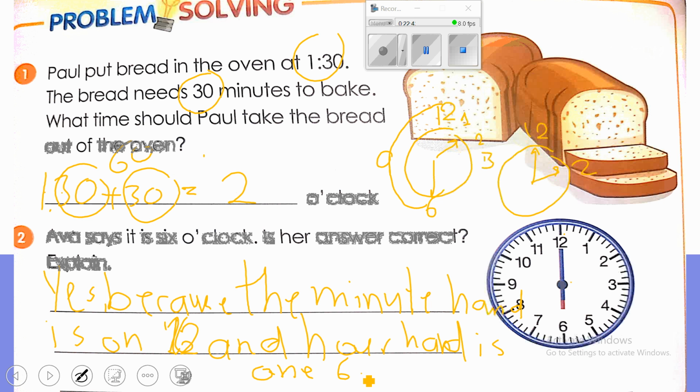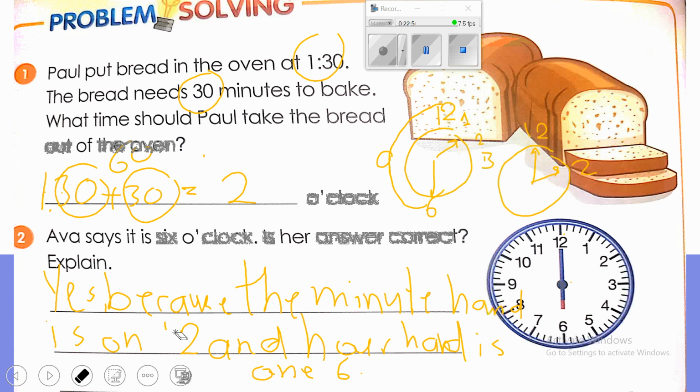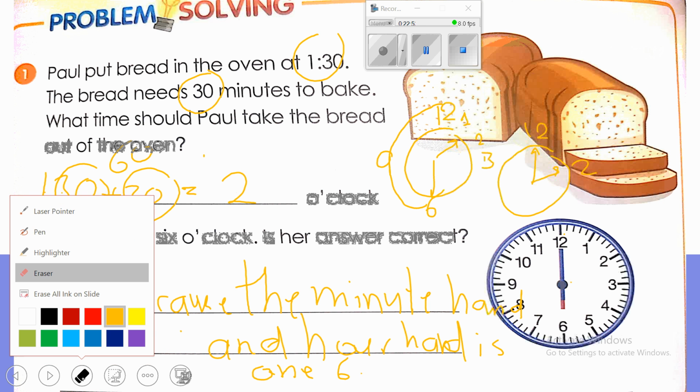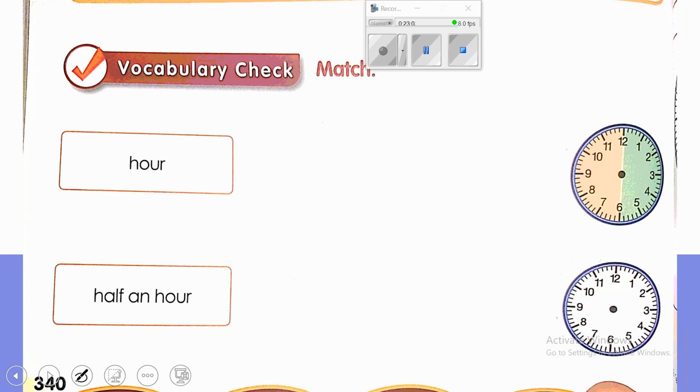So again, yes, because the minute hand is on 12 and the hour hand is on 6.